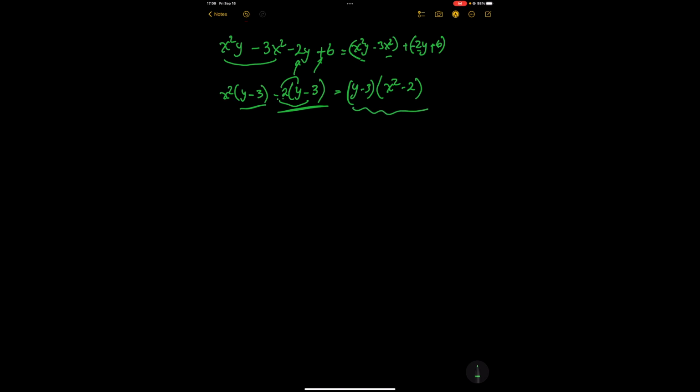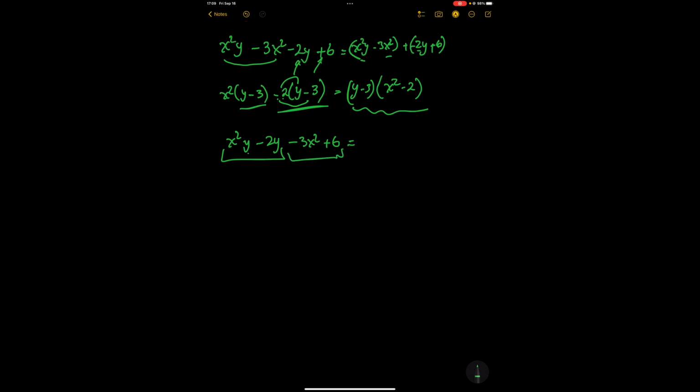Well, let's group it in a different way again. Let's say we regroup x squared y with negative 2y instead, and with minus 3x squared plus 6. We would have these two together and these two together.